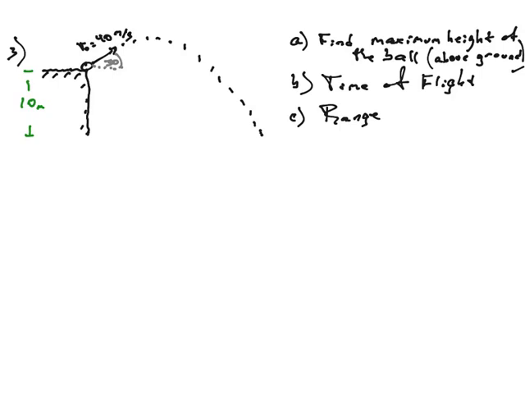Here, I'm firing it at an angle. So there's a little modification that has to take place here. But what you're going to find is this example is going to be just like the other cannonball example we did, with a slight modification in one or two equations.